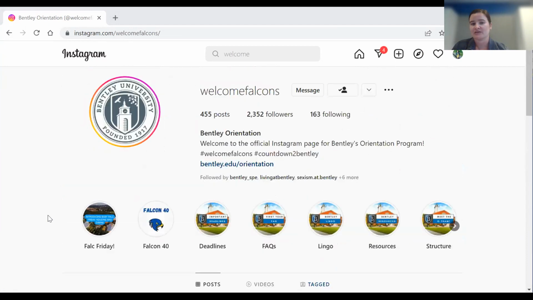We will really be using this throughout the entire summer and during the program for students to stay connected with our team. And if you want to email us, our email is gaorientation@bentley.edu, and you'll be able to find that on the bentley.edu/orientation page as well.